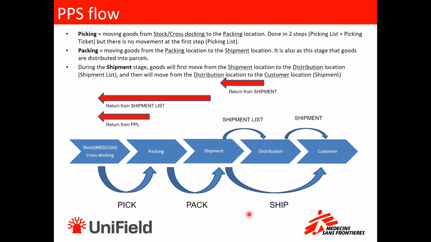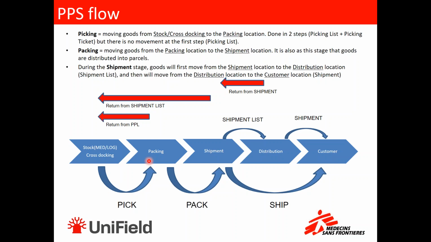So at each of these steps, goods are moving from location to location. Like for the picking, what is the picking? It's moving the goods from a stock location to the packing location.